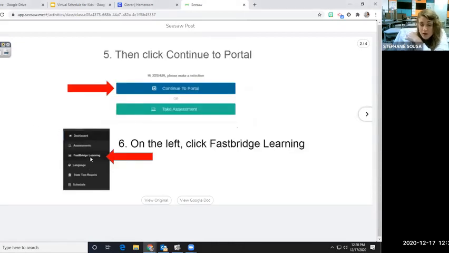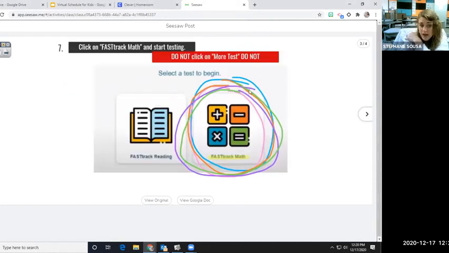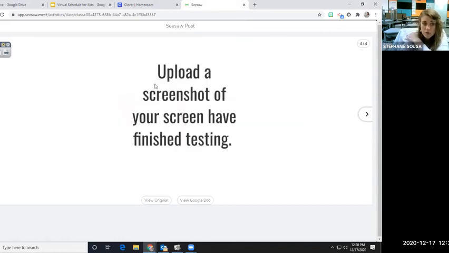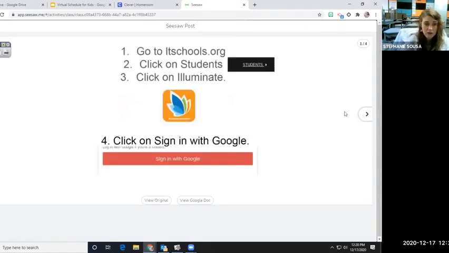After you click on FastBridge, you're going to click on Fast Track Math. When you are done, you're going to upload a screenshot of your finished testing screen. Okay? You can stop hugging yourself now.